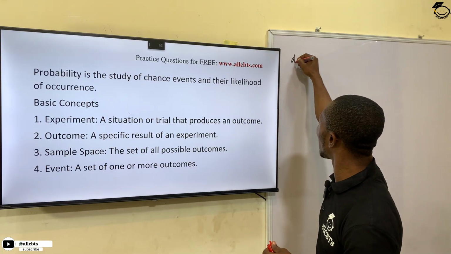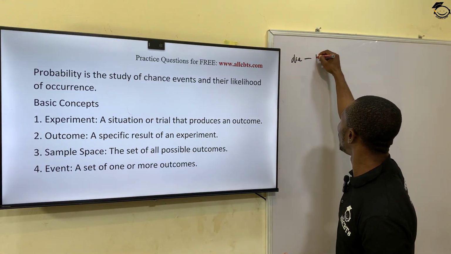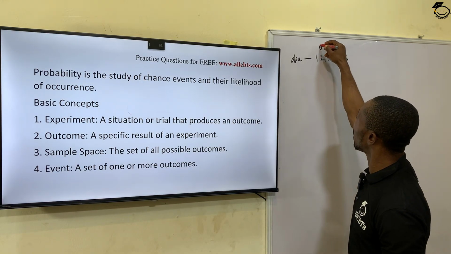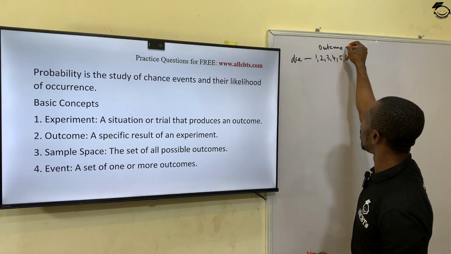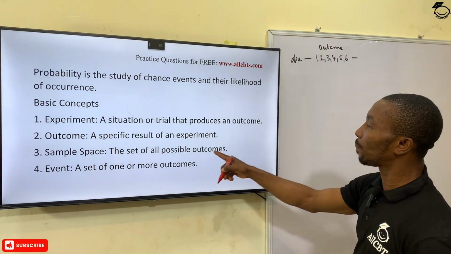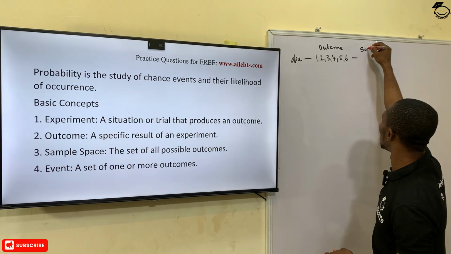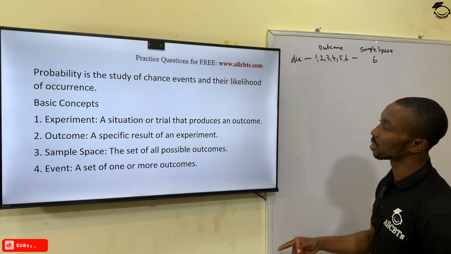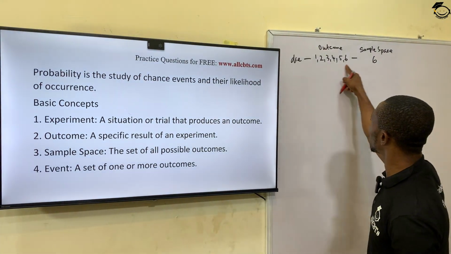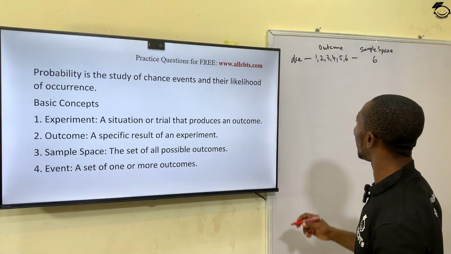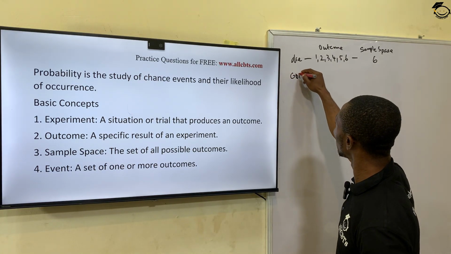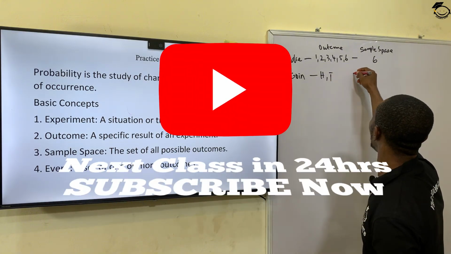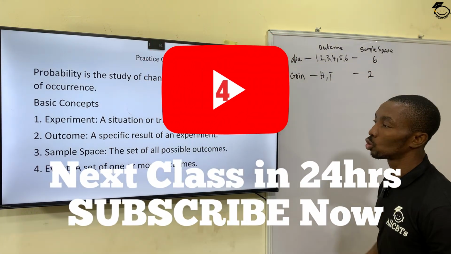So for a die, we have 1, 2, 3, 4, 5, 6 as our outcomes. So the total sample space here would be 6, since there are 6 possible outcomes. Now for a coin, our outcome would be just a head and tail. So the sample space would be 2.